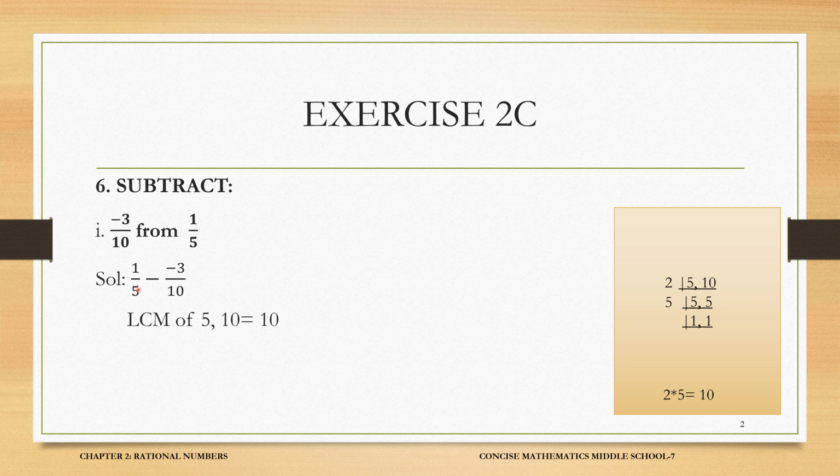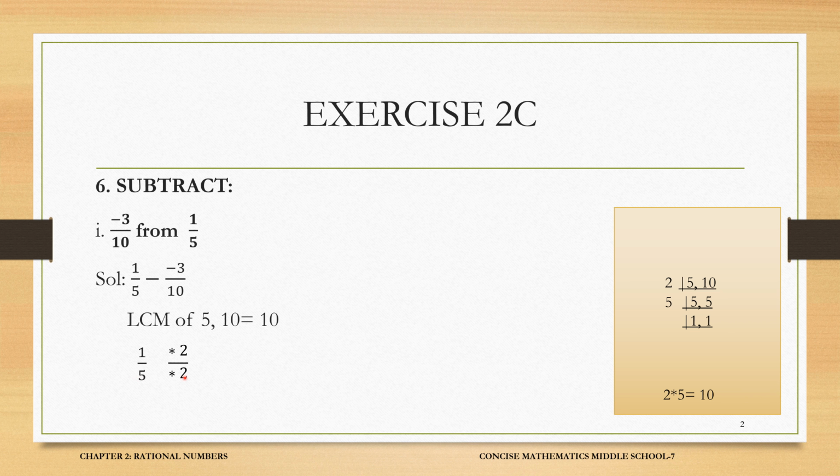Now take the first rational number, that is 1 by 5, and make the denominator 10. Why are we making the denominator 10? Because that is our LCM. What is our LCM? It's 10, right? So we have to make the denominator 10. So 5 should be multiplied with 2 because 5 2s are 10. You are getting 10.